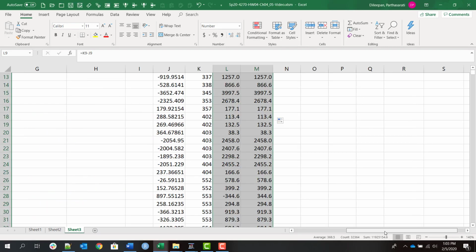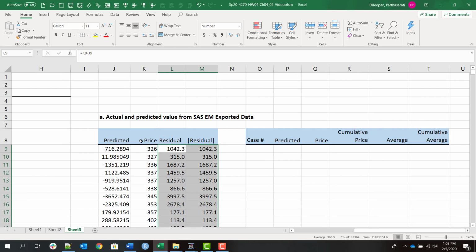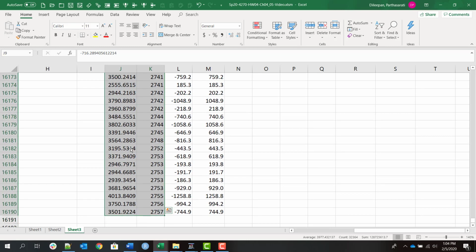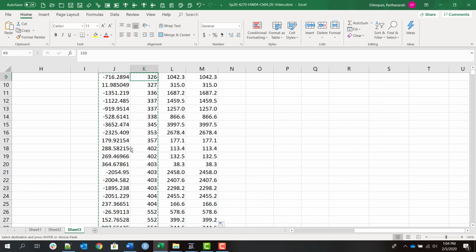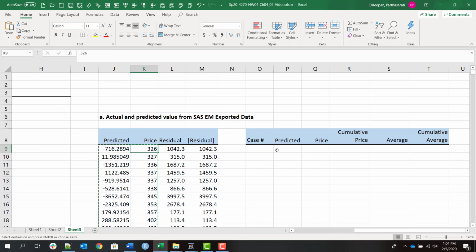So for cumulative lift chart, what we have to do is to sort these. Okay, so I'm going to copy paste these two columns, okay, over here.